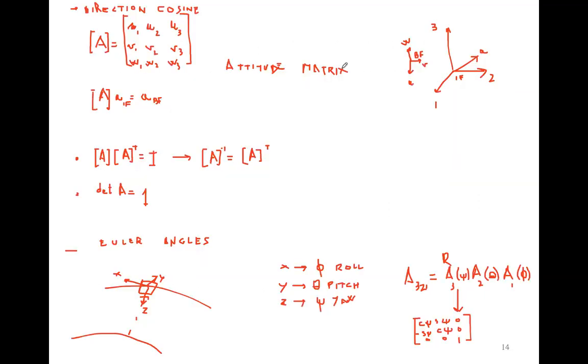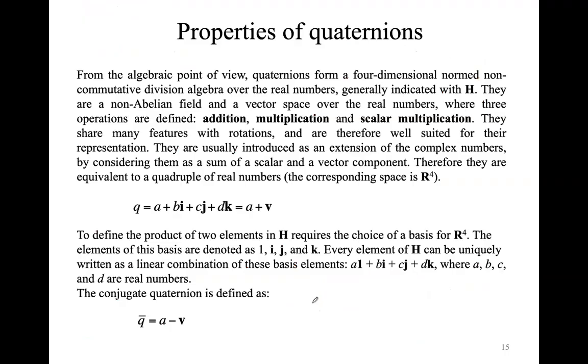Euler angles could be useful when you have to consider a nadir pointing spacecraft, and so you need the body frame to be very close to the orbital reference frame, keeping these angles really small. That will be useful later. For now, we need to introduce quaternions, because they represent the main representation for the kinematic equation.